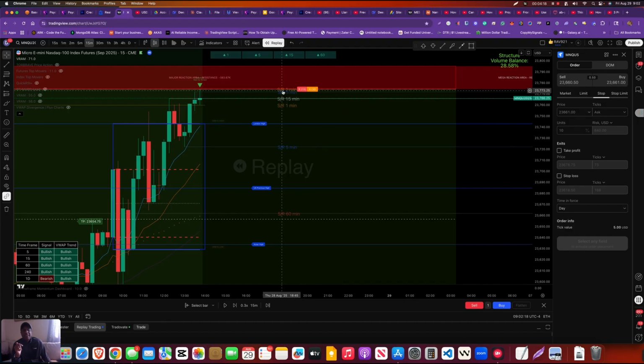All of these lines, we call them support and resistance. If it's below the price, it's called support. If it's above the price, and I'm talking about these lines, this big red box right here, and this 1 minute, 5 minute, 15 minute, 1 minute SR, support and resistance, it's resistance because price wants to go up, but it will hit that wall and go back down.